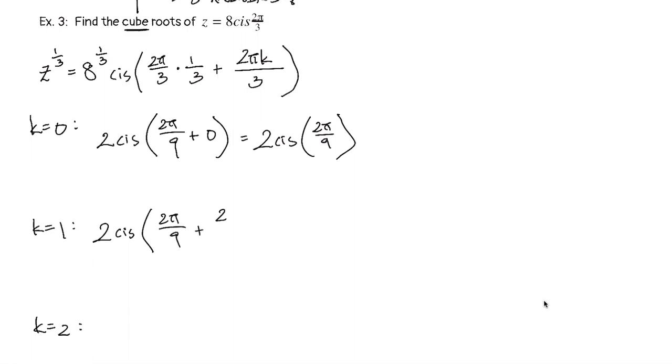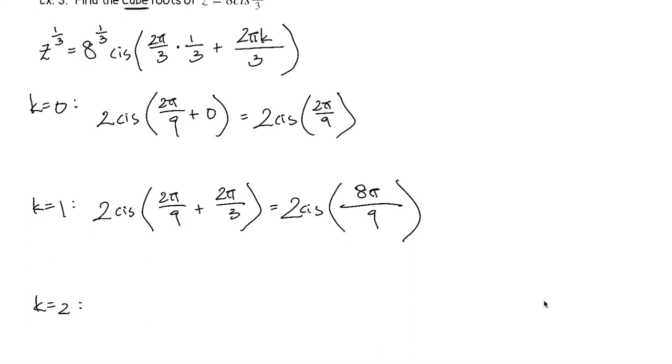when I plug in 1 for k, I get this. All right. And so, of course, if we want to add these, we need a common denominator. So that's 2 plus 6, which gives me 8 pi over 9. And then to find the last one, I plug in 2 for k.